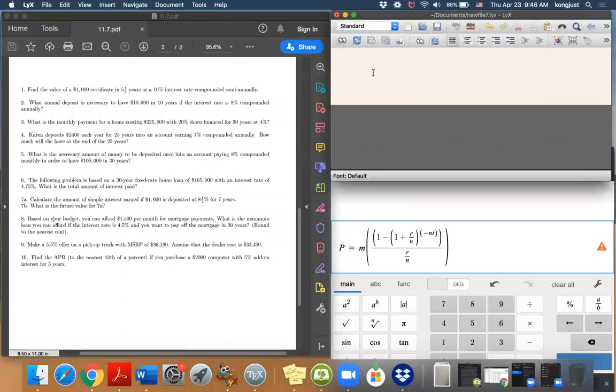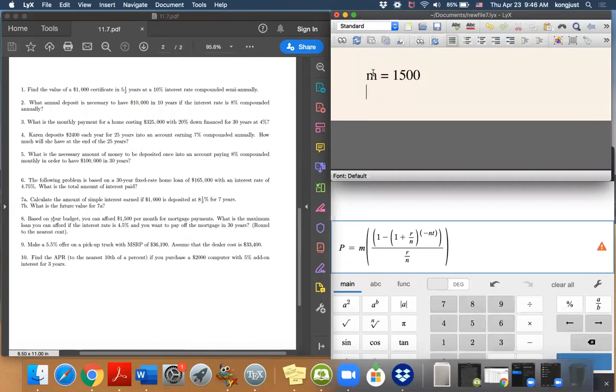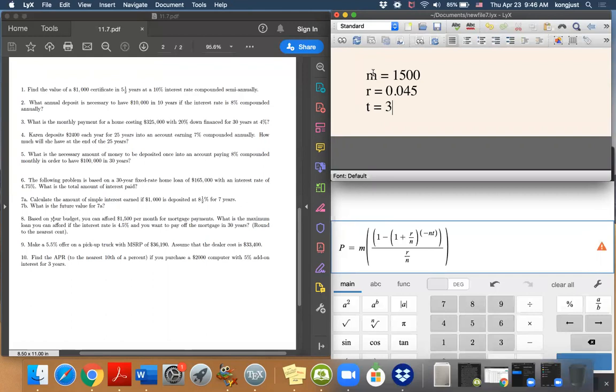So we can afford M equal to 1,500. Your interest rate is 0.045. You're gonna pay 30 years, so T is equal to 30. And payments are gonna be monthly, so N is equal to 12. Those are all my variables.